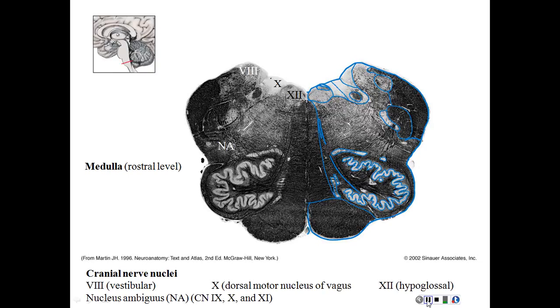It's going to consciously make you move your tongue. And so 12, that's right there, has motor neurons in it that project out to innervate the tongue. 10 also has neurons in it that project out to innervate their structures.